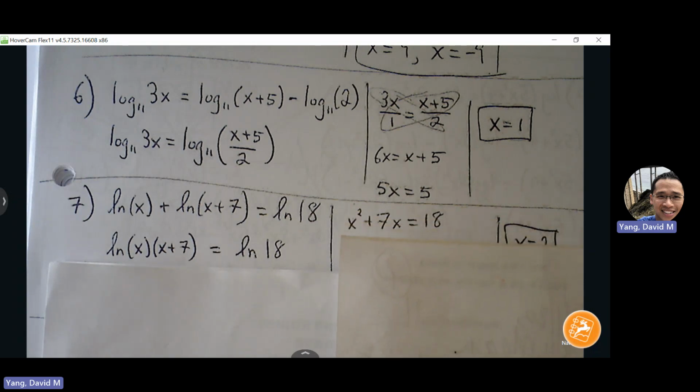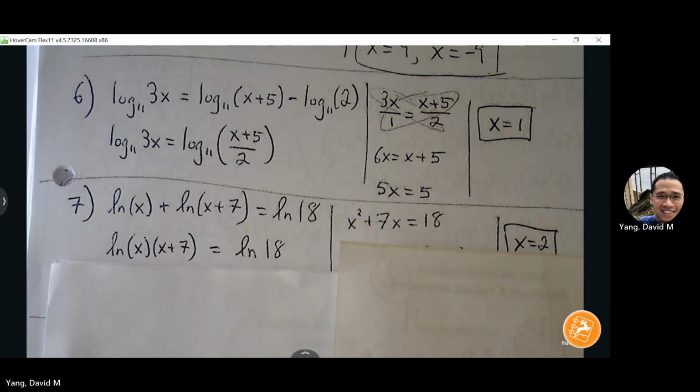Natural log can be removed. We can just focus on the quadratic equation. But we need to make sure we bring everything over to one side, right? Get that 0 to show up, and then it's a factoring problem. Solve for x.